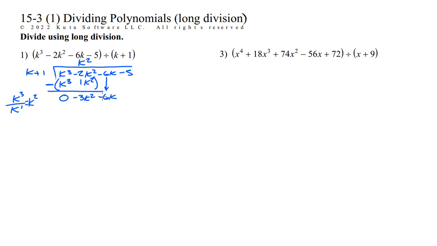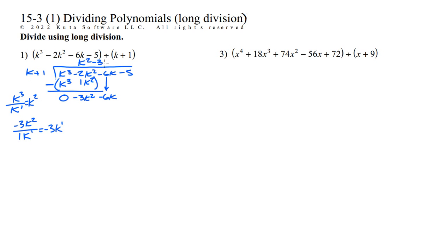And then now we're just going to repeat this process until we get all the way down to the 5 here. So we now take the first term here, negative 3k squared, and we're going to divide that by k again. Okay, k to the first. So that's really 1k, so negative 3 over 1 is negative 3. K squared over k to the first is k to the first.